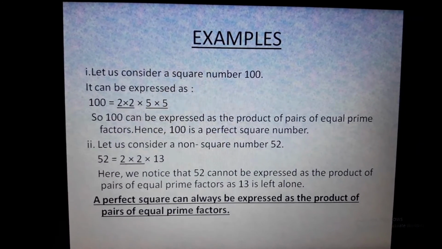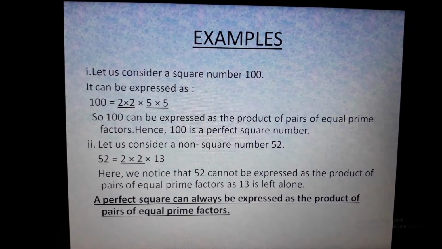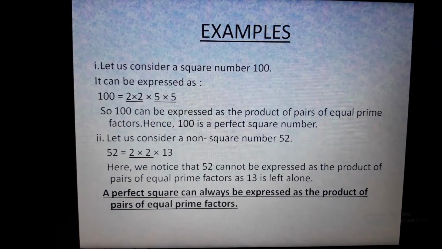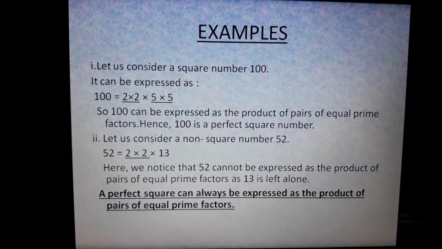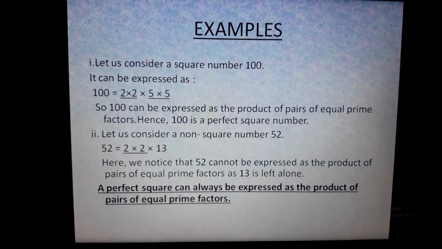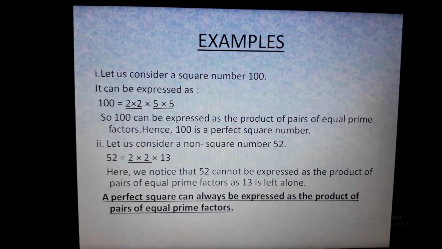Here we notice that 52 cannot be expressed as the product of pairs of equal prime factors, as 13 is left alone. So the important point to note here is that a perfect square can always be expressed as the product of pairs of equal prime factors.